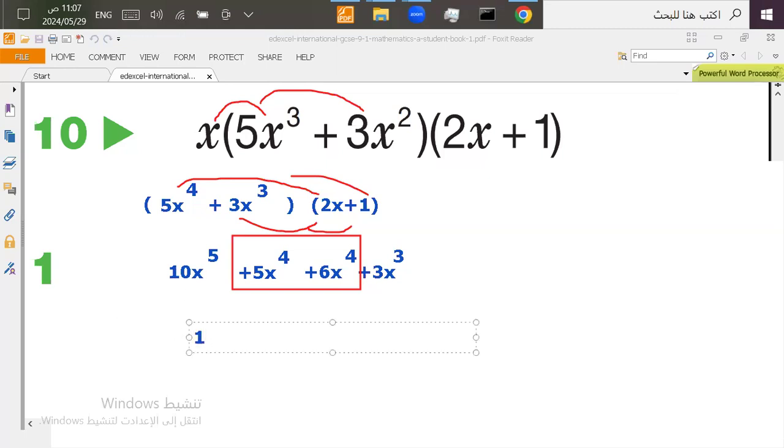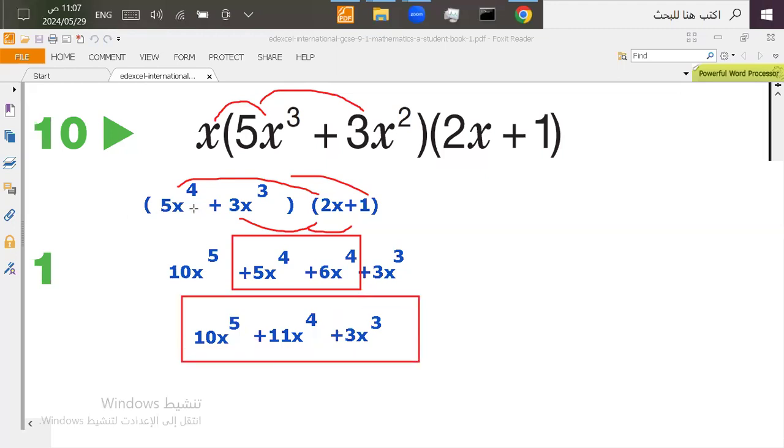It's going to be 10x power of 5. Plus 11x and the same power, which is 4. And then this one plus 3x power of 3. And this is the final answer for this expanding and simplifying part.